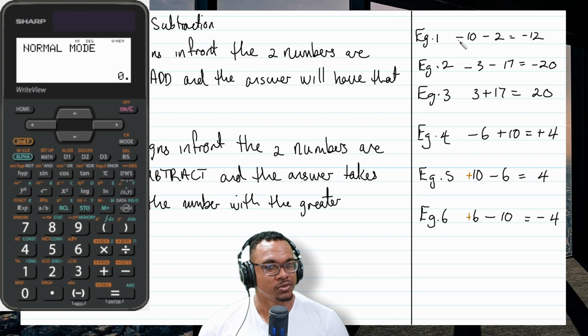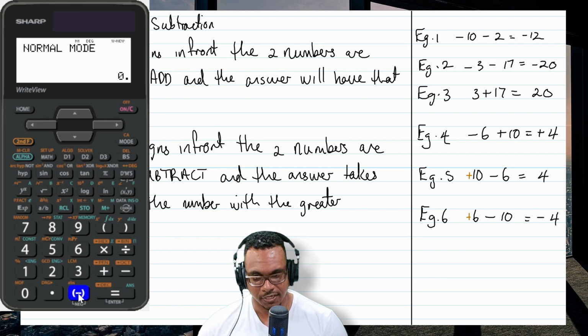The general rule is you use the special negative sign for the one out here, but for the one in the middle, you use the operation negative. So I'll do it over. Press the special negative for the outside and put in 10, and then the operation negative with the 2. And again, negative 12.